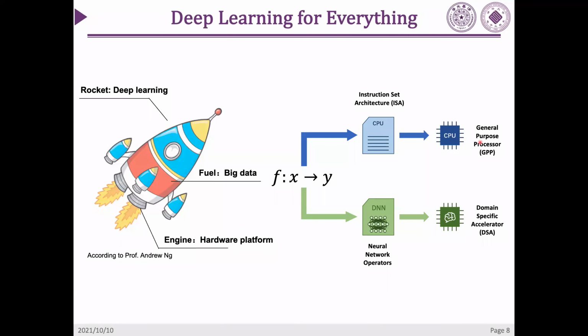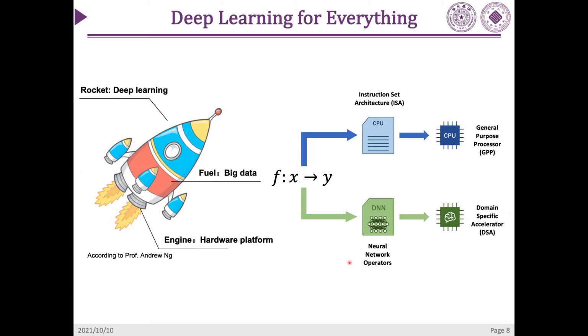Unlike the general purpose processor, which is also the y equals f(x), and DNN, or the neural nets, is also one of the forms at a very high level to describe the y equals f(x). That means if you cannot write the equation of f(x), then you can use plenty of x and y and use DNN training to formulate this y equals f(x).